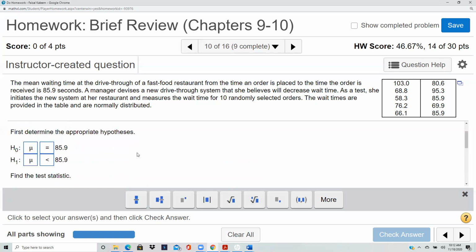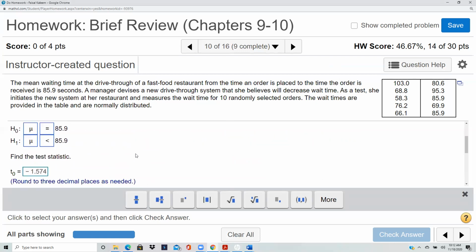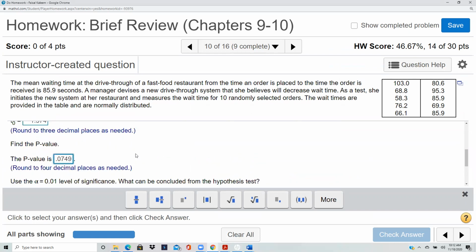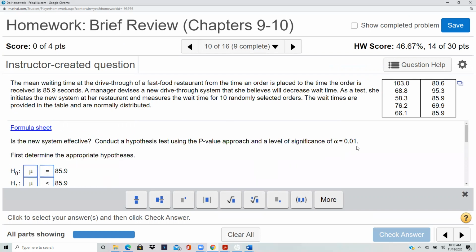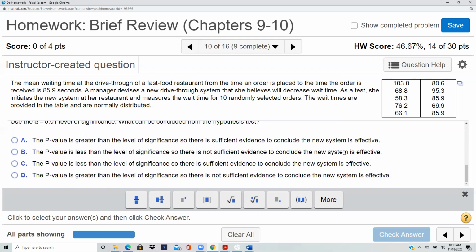P is 0.0749 and alpha is 0.01. Alpha was 0.01. It would be greater. Right. So you will not reject. So which choice?